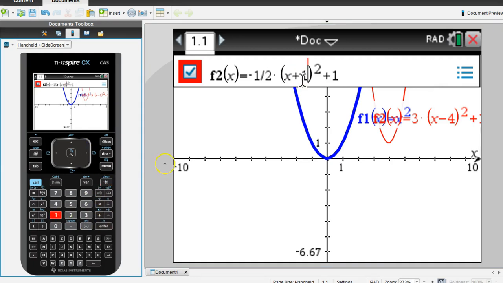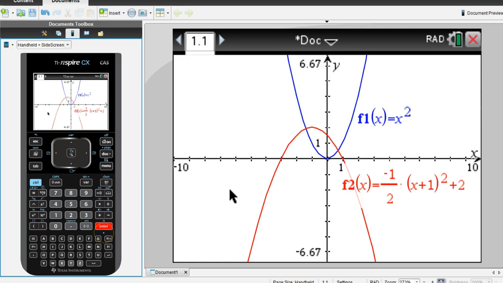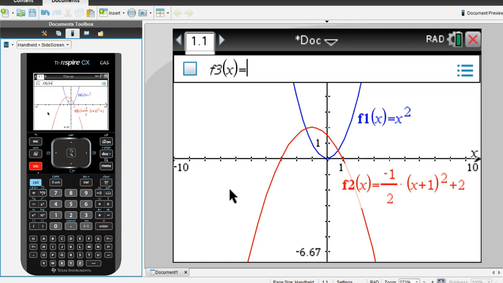Plus 1, plus 2. The 1 makes it shift 1 to the right, 1 to the left, sorry, and 2 up. That's supposed to be a 1/3 instead of a 1/2.